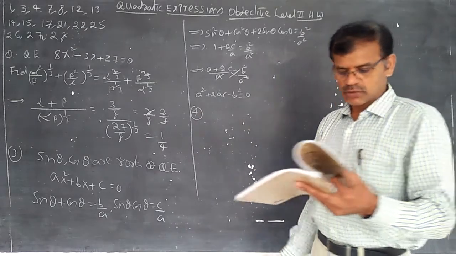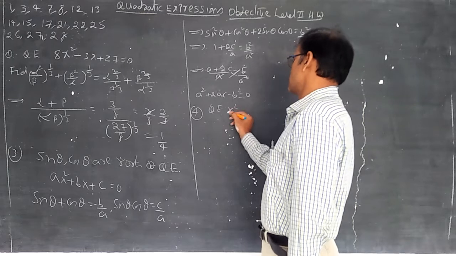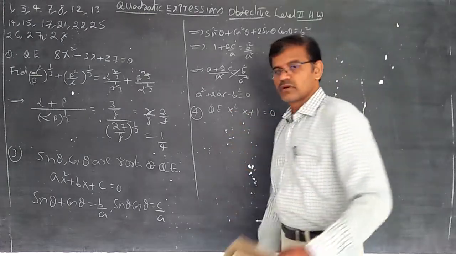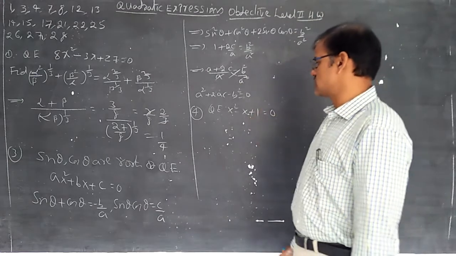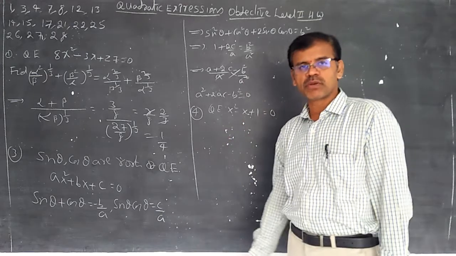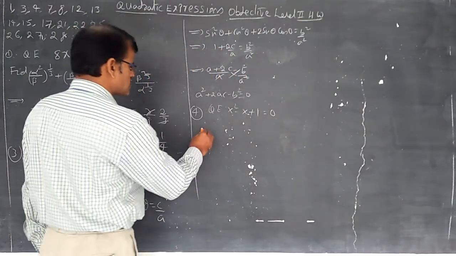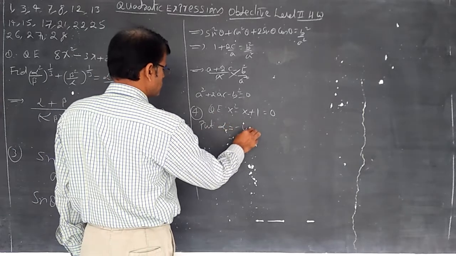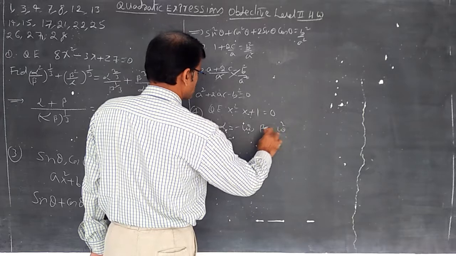Now the fourth one. Alpha, beta are the roots of the quadratic equation x square minus x plus 1 equal to 0. Whenever we know about complex numbers or De Moivre theorem, you can say this answer easily. Of course, I said that 1 plus omega plus omega square equal to 0. Now substitute here: put alpha equal to minus omega, beta equal to minus omega square.